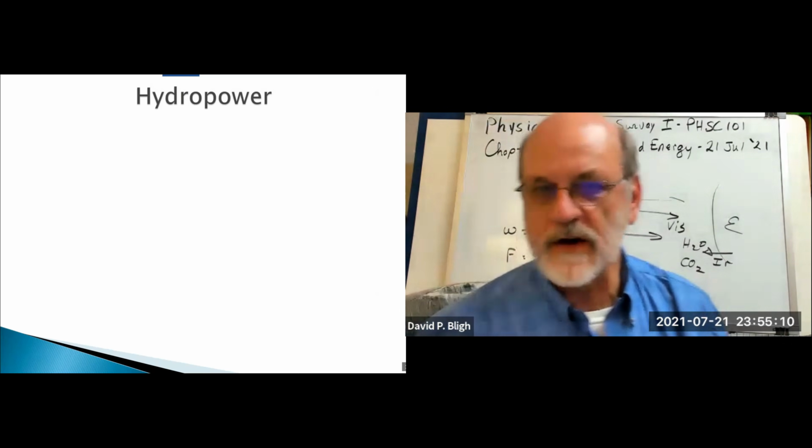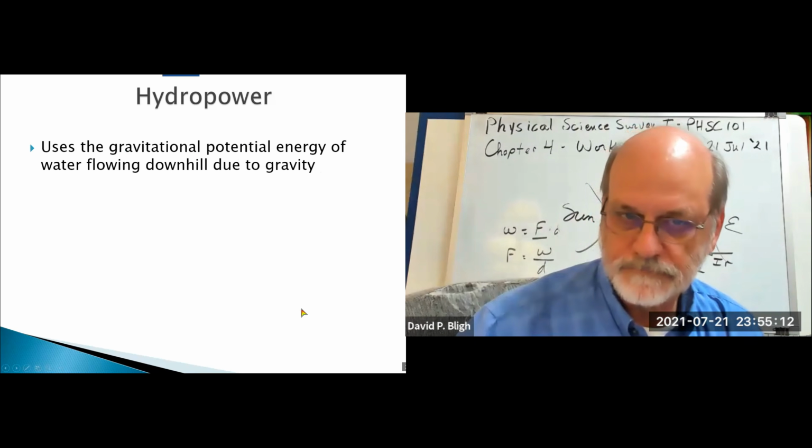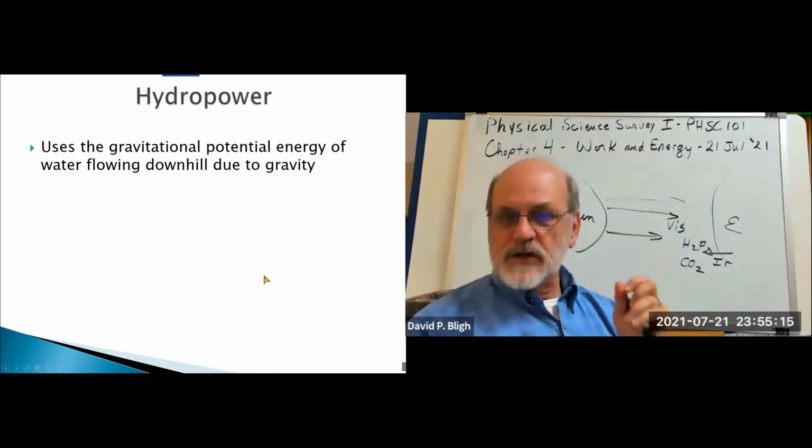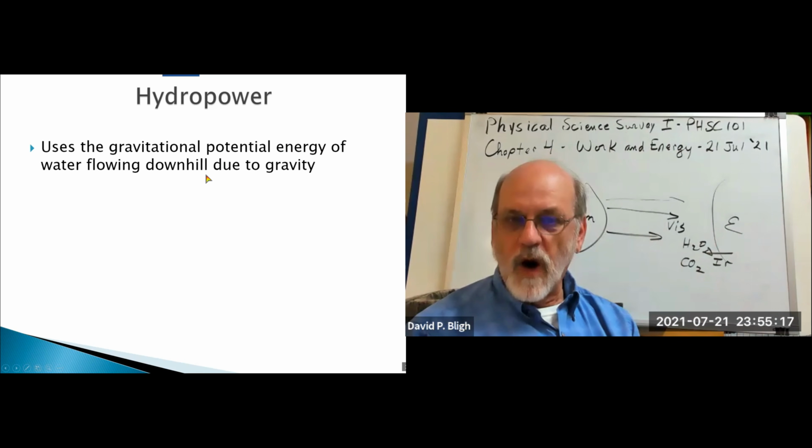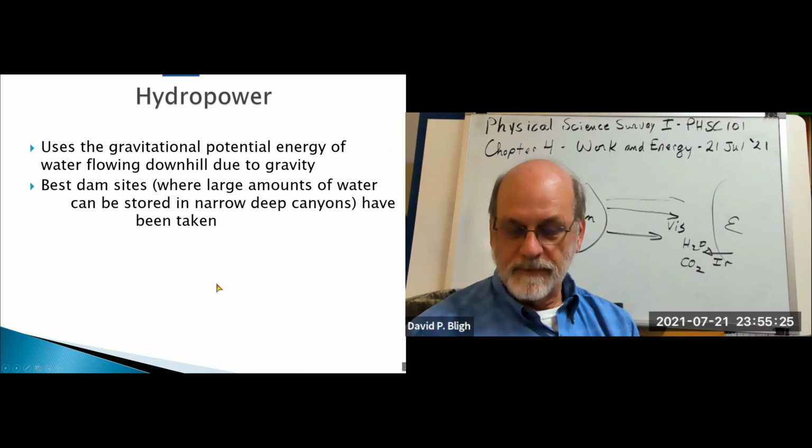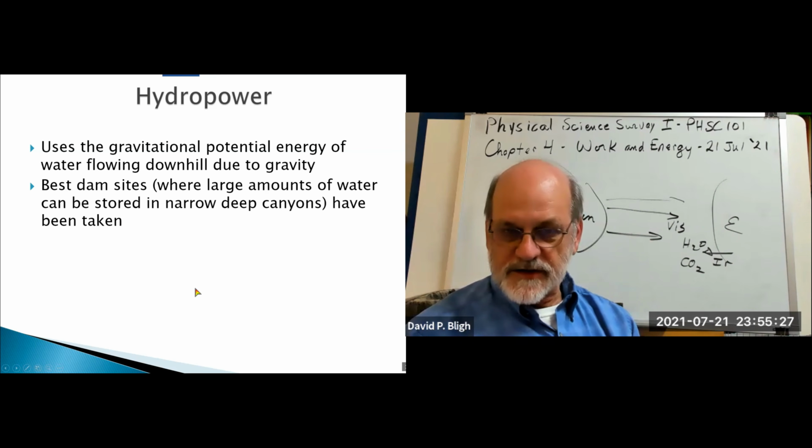All right, other forms of energy. I mentioned hydropower, right? This uses the gravitational potential energy of water flowing downhill, which is converted by generators into electrical energy. The best sites for these hydroelectric dams are already taken.